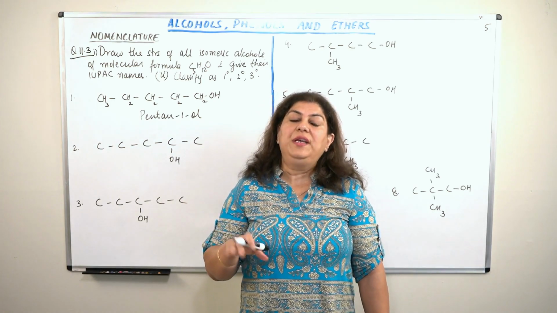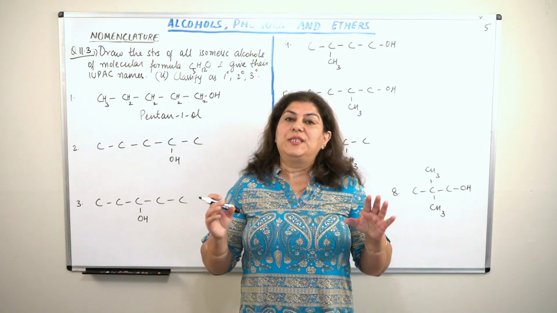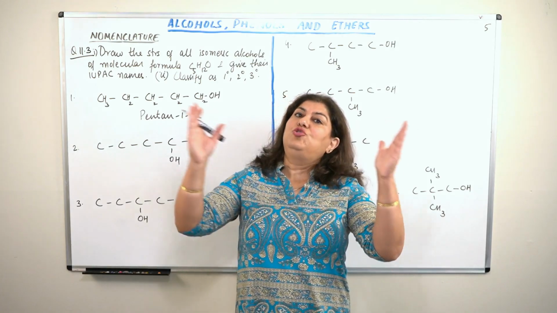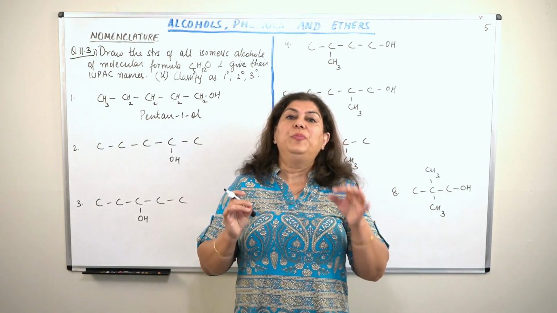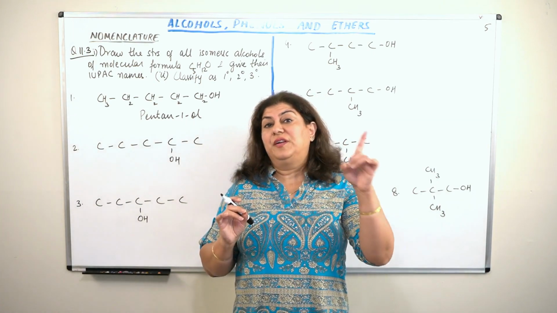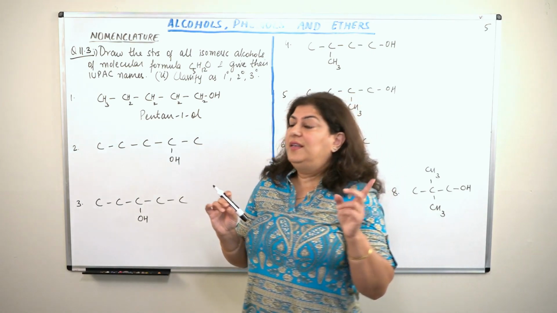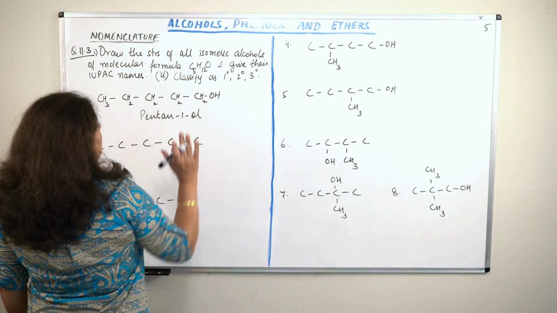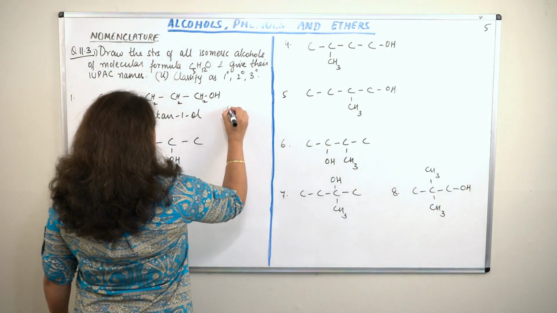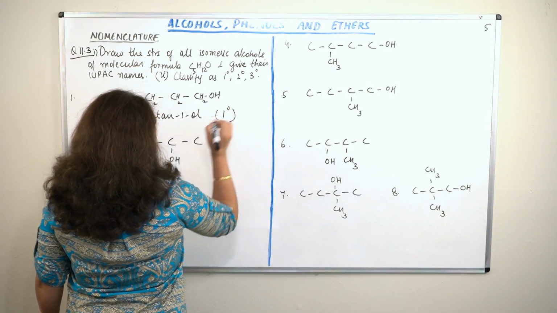Secondary, 2 degree, will be where the alcoholic group is attached to a carbon which is attached to 2 other carbons. And tertiary would be where the alcoholic group is attached to a carbon which is further attached to 3 other carbons. So this is a primary alcohol. You can see here, it's a primary alcohol.